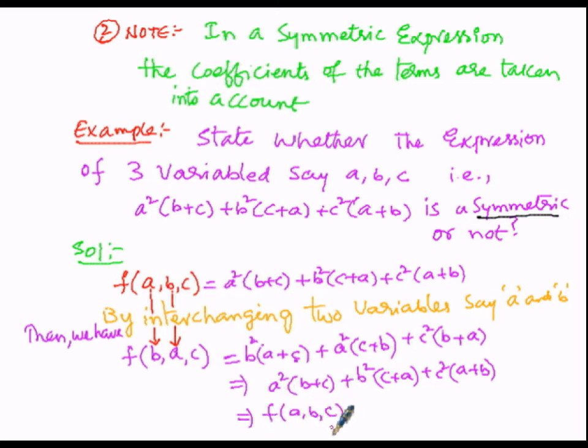So, hence f of a comma b comma c is equal to f of b comma a comma c. Here a and b are interchanged in the first regard, so we get b comma a comma c.